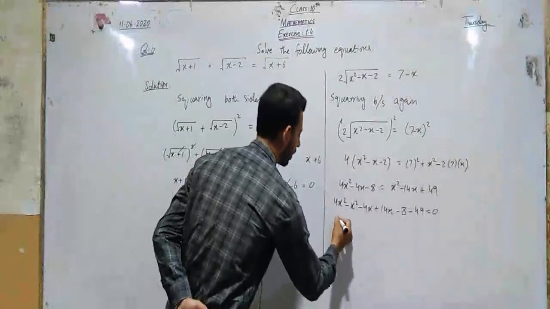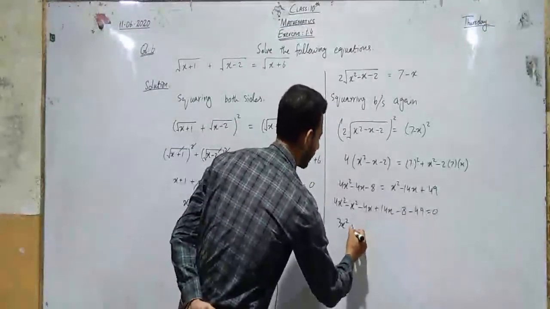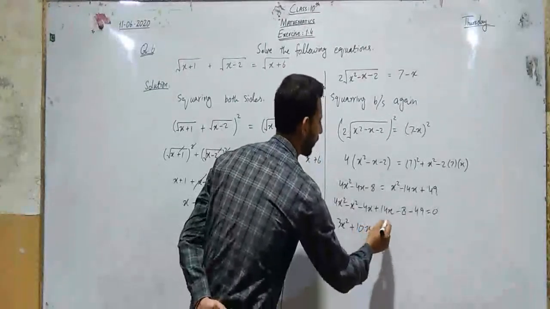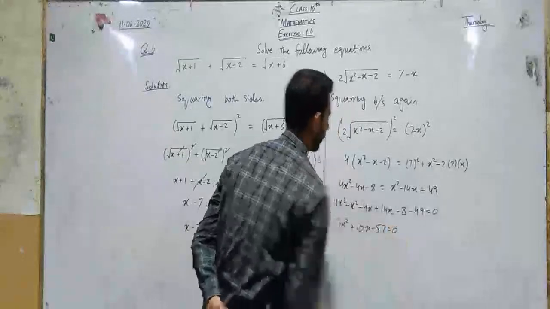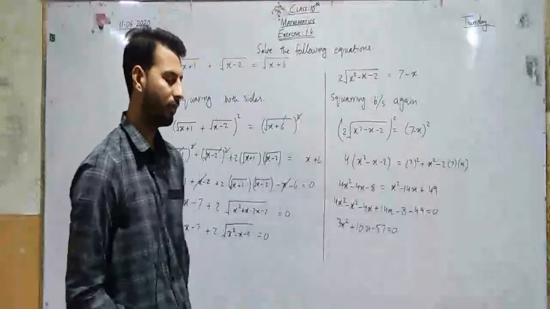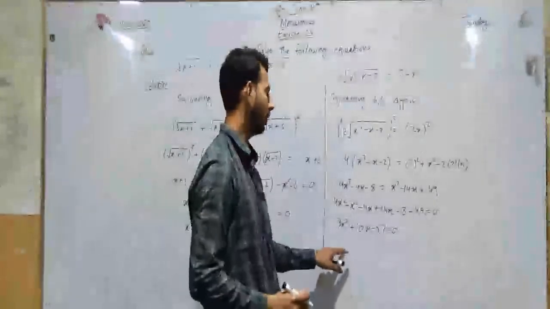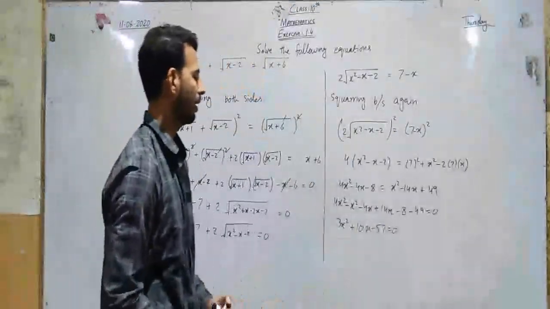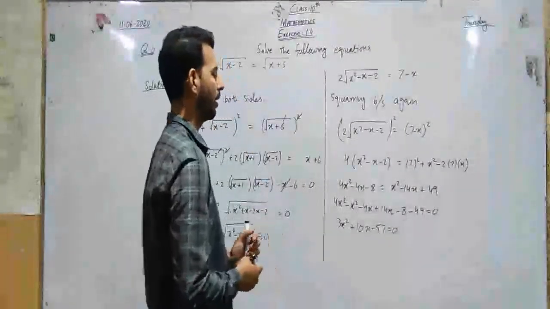So now here 3x square plus 10x minus 57 equals 0. Students, that is our standard quadratic equation, and we can solve it by factorization or any other method.